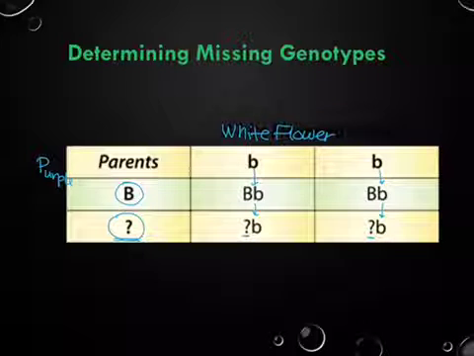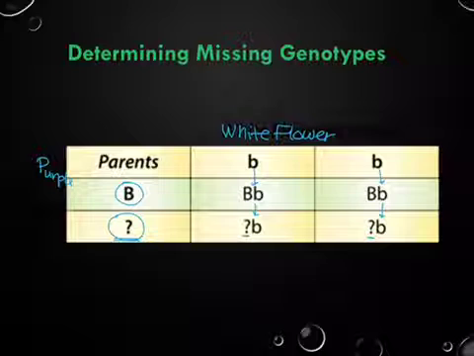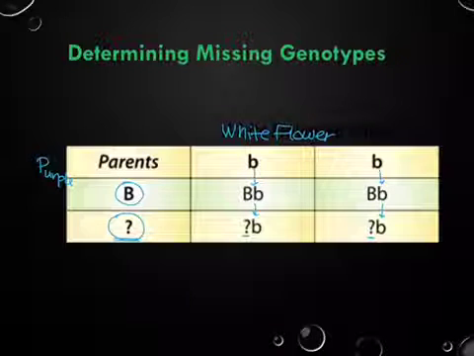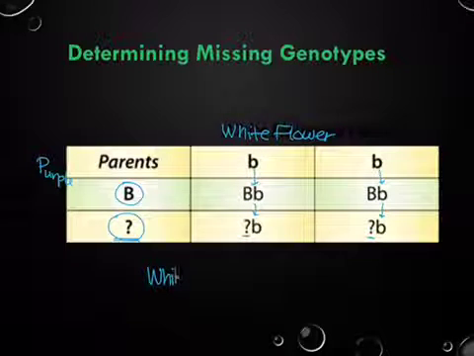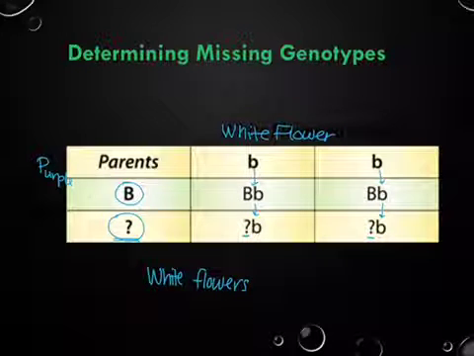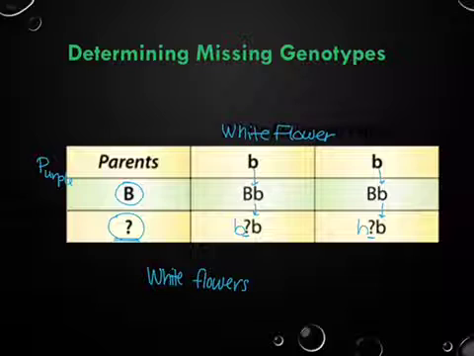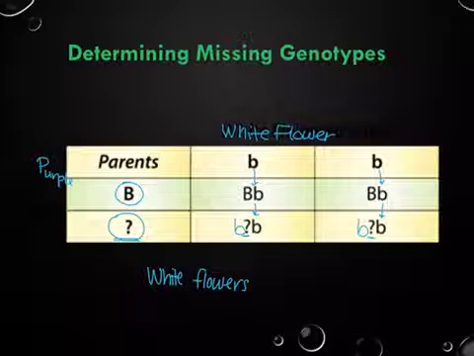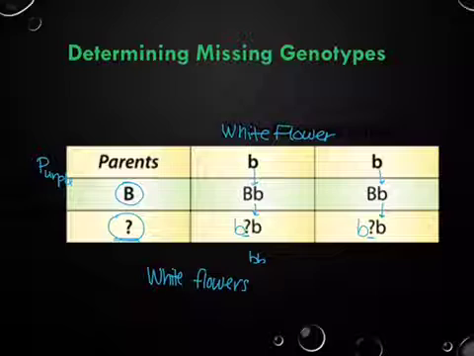And so given this information, we don't know enough to know what this allele would be. But if you physically had the offspring sitting in front of you and you could see, oh yeah, we have some white plants or white flowers, then you would know that this allele would have to be another little b in order to produce white flowers. You need that homozygous recessive genotype.